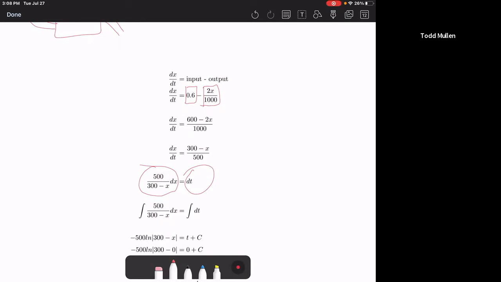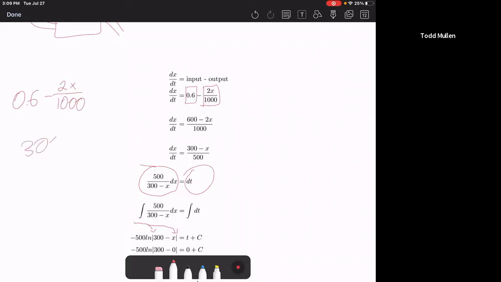Now, before we go any further, we need to address these absolute values. If it is true that x must be less than 300, then we can drop those absolute values. But if it's possible that x is greater than 300, then we need to keep the absolute values. Let's go up here. Remember, 0.6 minus 2x over 1,000 is our input minus output.